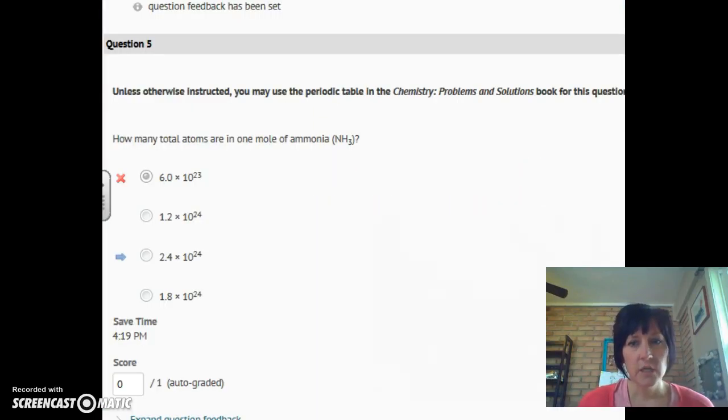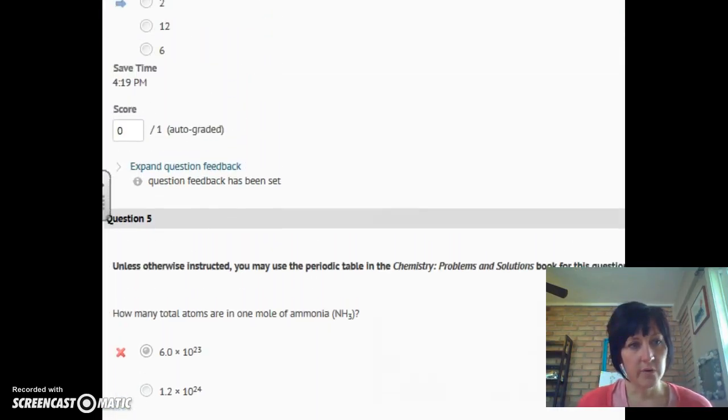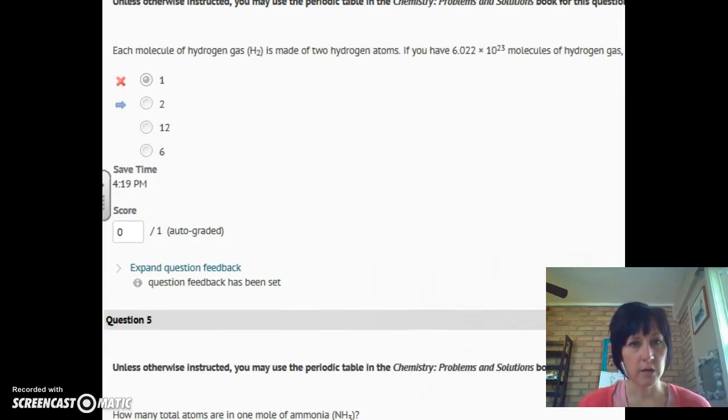All right. So number 4, each molecule of hydrogen gas is made up of 2 atoms. So if you have 1 mole, which is 6.02 times 10 to the 23rd molecules of hydrogen, how many moles of hydrogen atoms do you have? So this is different, right? Before we just had 1 atom of gold.